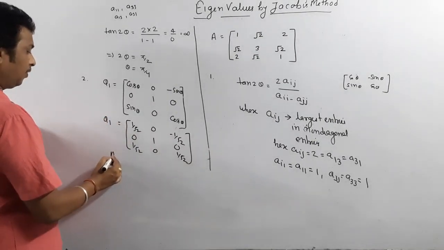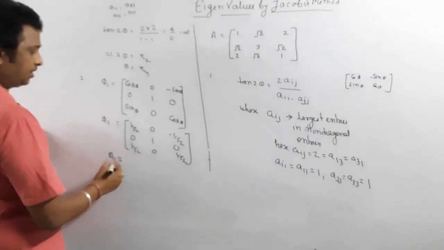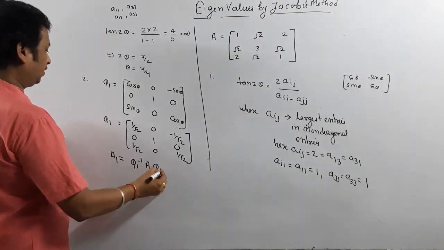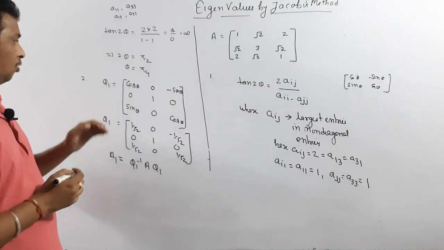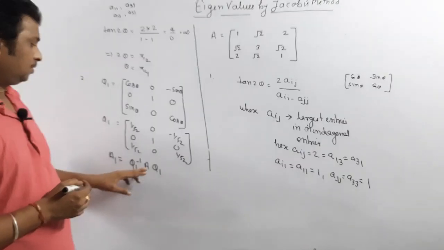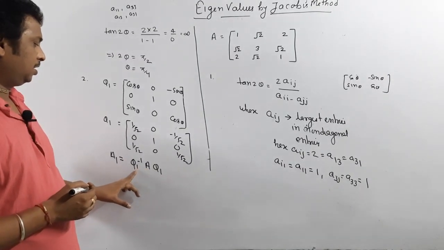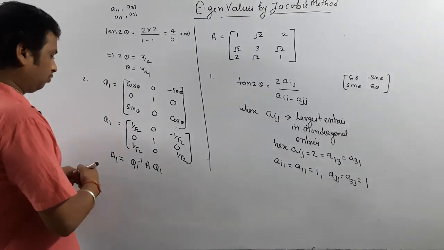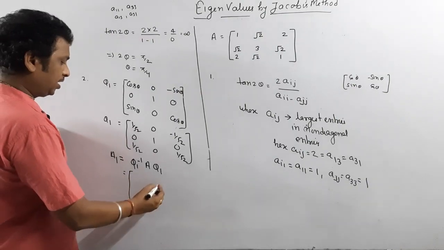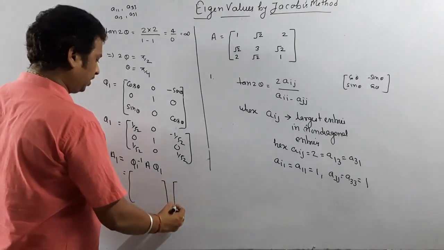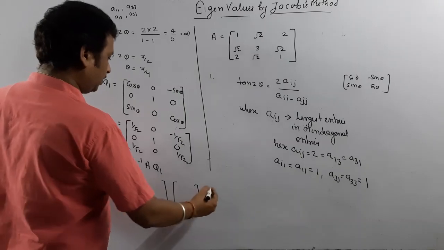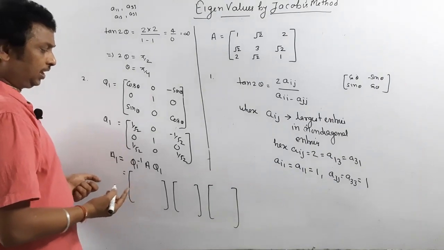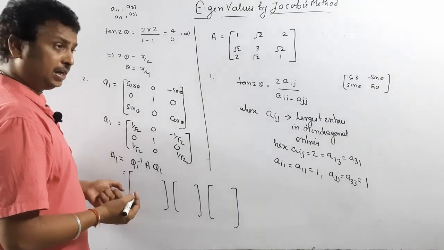So what is your A1? The first transformed matrix, that is Q1 inverse A Q1. Now Q1 you have, A you have, and Q1 inverse. Just calculate. Put the value of Q1 inverse, then put the A value, and then put the Q1 value. Because Q1 is an orthogonal matrix, you can take its inverse, meaning its transpose.